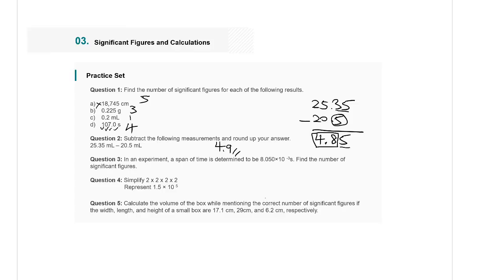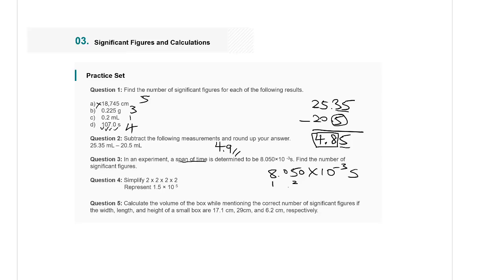Alright. In the experiment, the span of time is determined to be 8.050 times 10 to the negative 3. Find the number of significant figures. Okay, how many non-zero digits? We have 8 and 5, so 2.